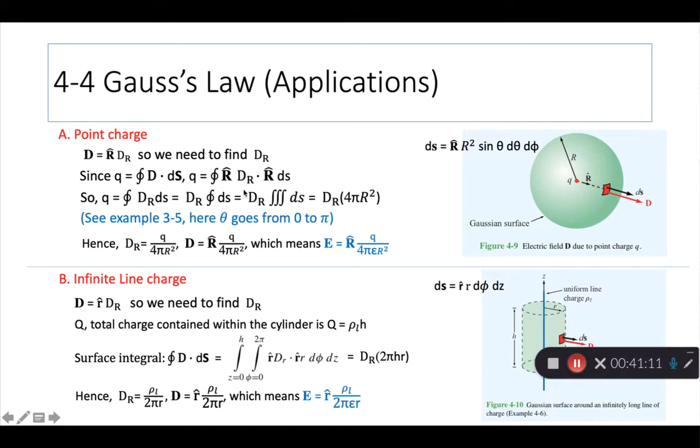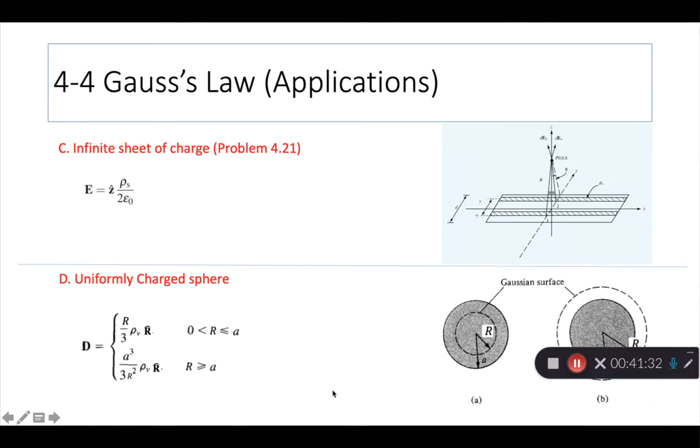So Dr becomes Q by this, and to complete the vector you put the unit vector r back, and then once you know D, E is just dividing by epsilon, so you get E. So that's how you get D and E for a point charge, for an infinite line charge, for an infinite sheet of charge, for a uniformly charged sphere.